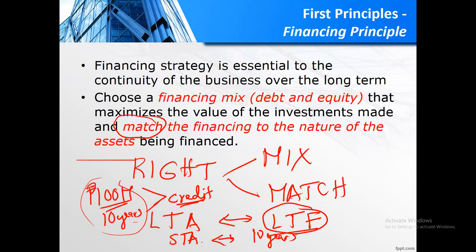So for short term assets, okay, short term financing, sometimes medium term financing pwede rin, pero usually pag long term assets, syempre long term financing, short term assets, short term financing. Okay, so that's what we mean by match the financing to the nature of assets being financed. Okay.